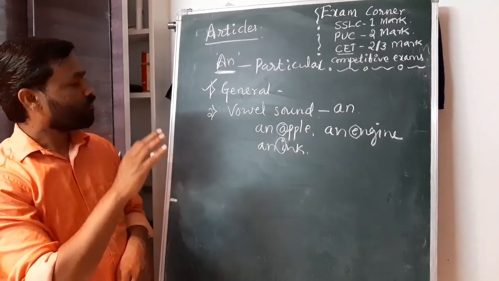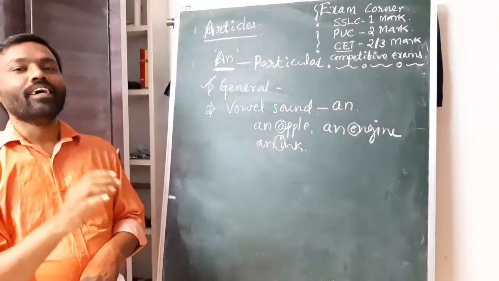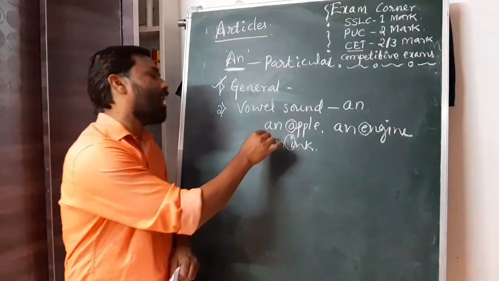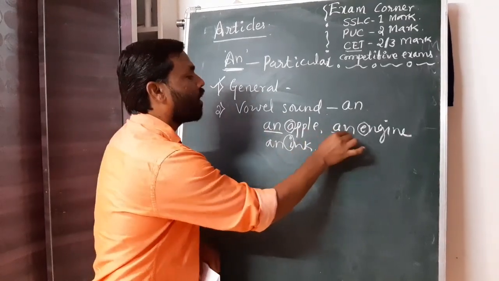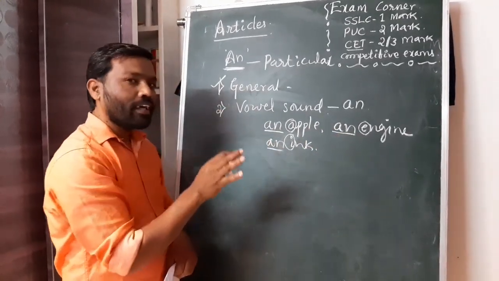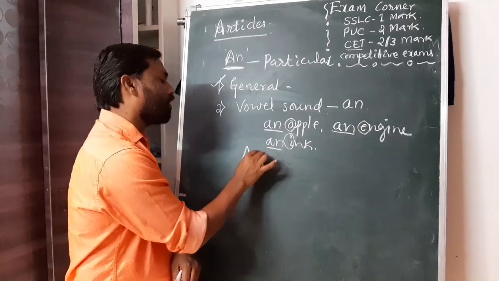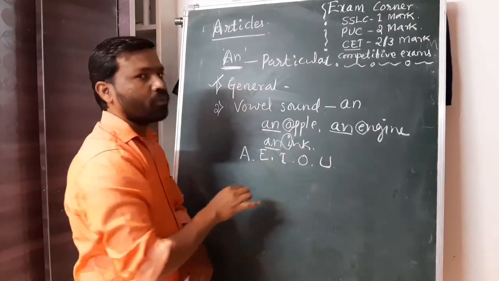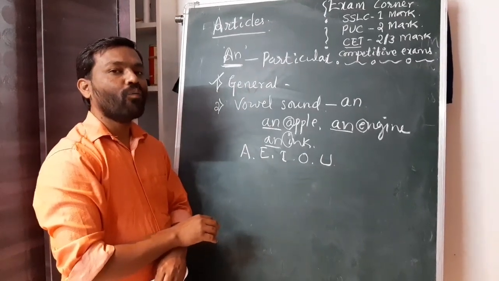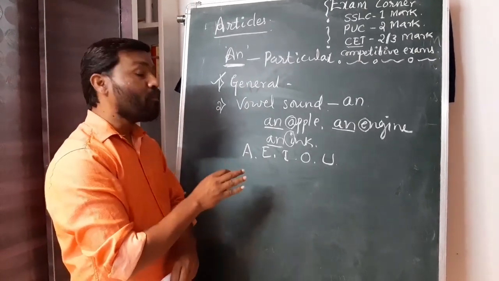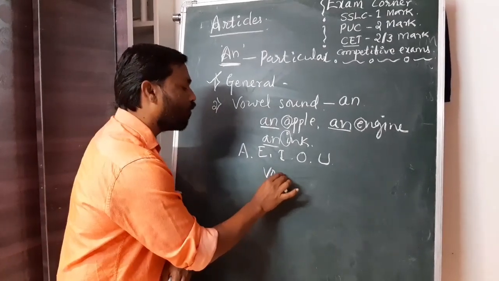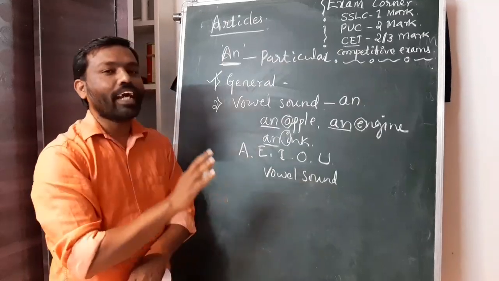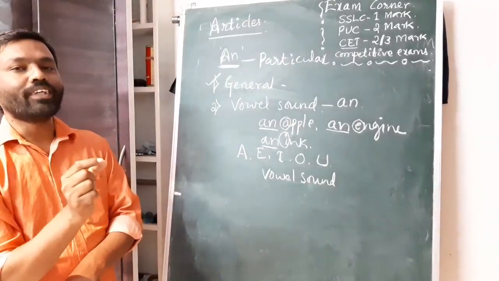The rule tells that if a word starts with a vowel sound, before that we put the article "an". In English, A, E, I, O, U are called vowels. But when we mention the vowel sound, it's very important to note that a vowel is entirely different from a vowel sound.